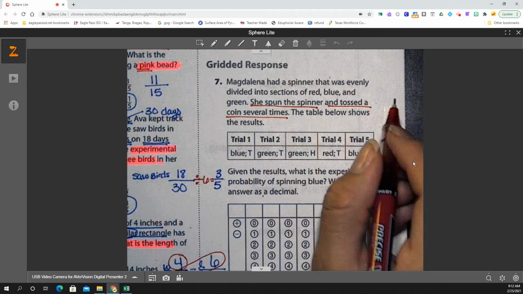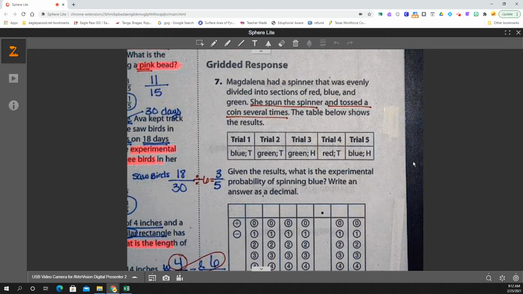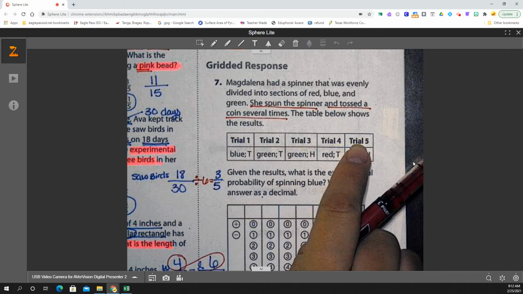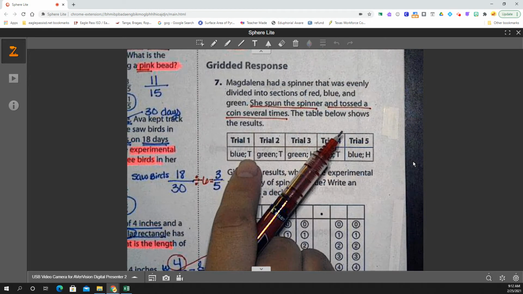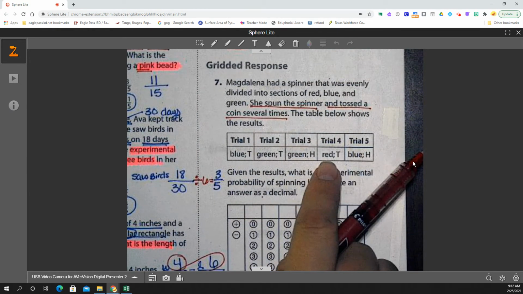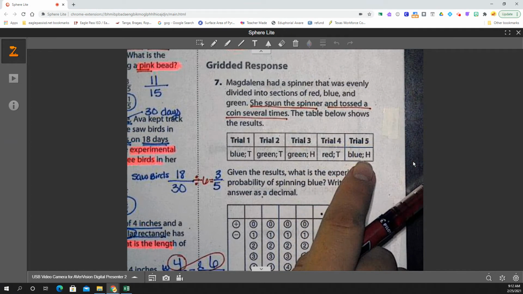So she should get a color and then either heads or tails. She did this 5 times. First time she got blue and tails, second time green and tails, third time green and heads, fourth time red and tails, fifth time blue and heads.